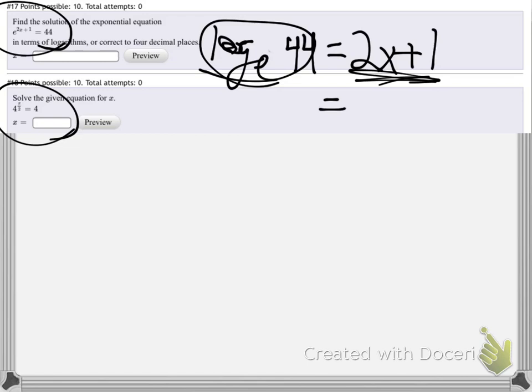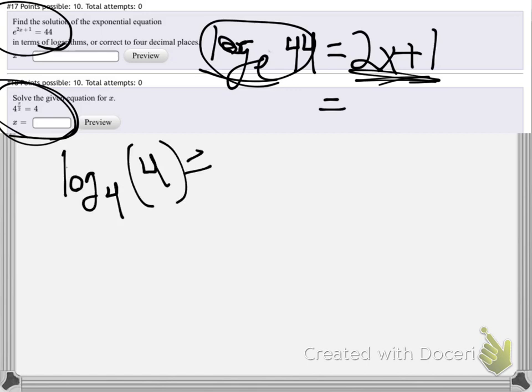This one looks a little different, but I don't think that it is. It's just weird looking because they're both 4s. And so let's see here. We could say that's log base 4 of 4 equals x over 2. No big deal. What's not real obvious here is that this is probably just a 1. 4 to the something equals 4.